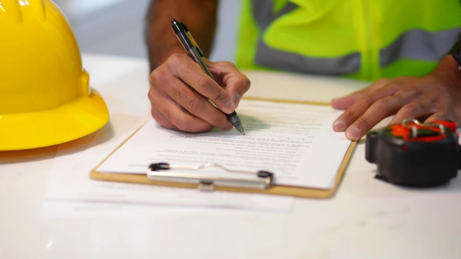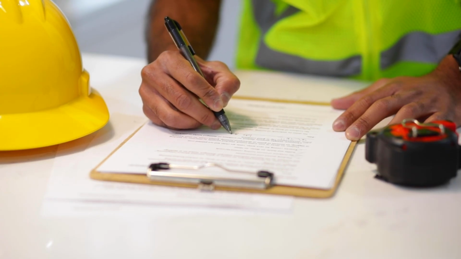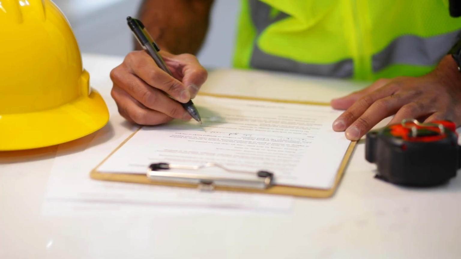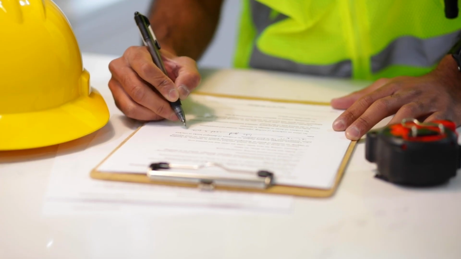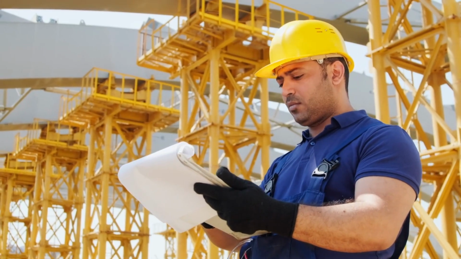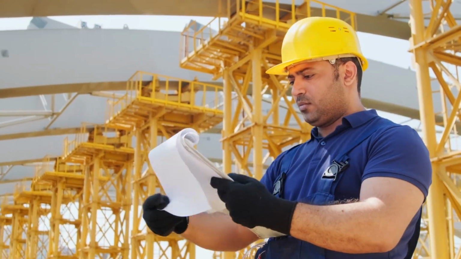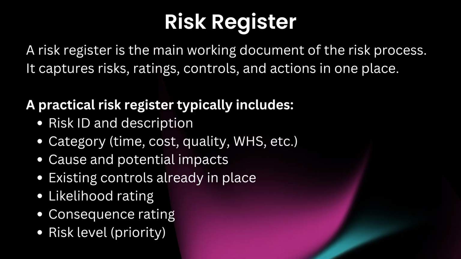When documenting, keep wording practical and site-based. Avoid generic statements like "quality risk" with no details. Clear risk documentation becomes the foundation for scoring likelihood, consequence, and choosing treatments later. Risk register.